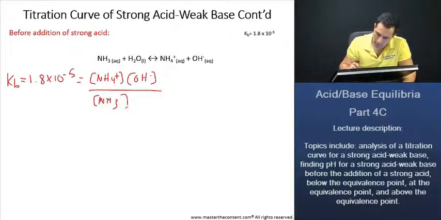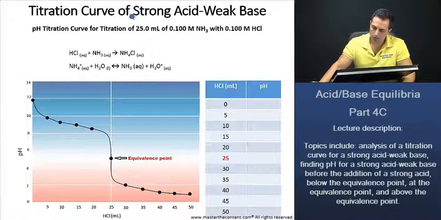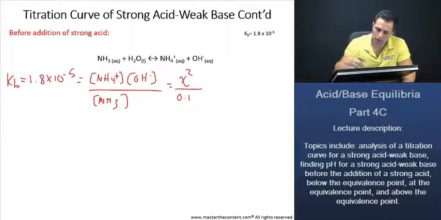We can write this as x squared over our ammonia concentration. They're telling us it's a 0.1 molar ammonia solution, so we fill that in, minus x.